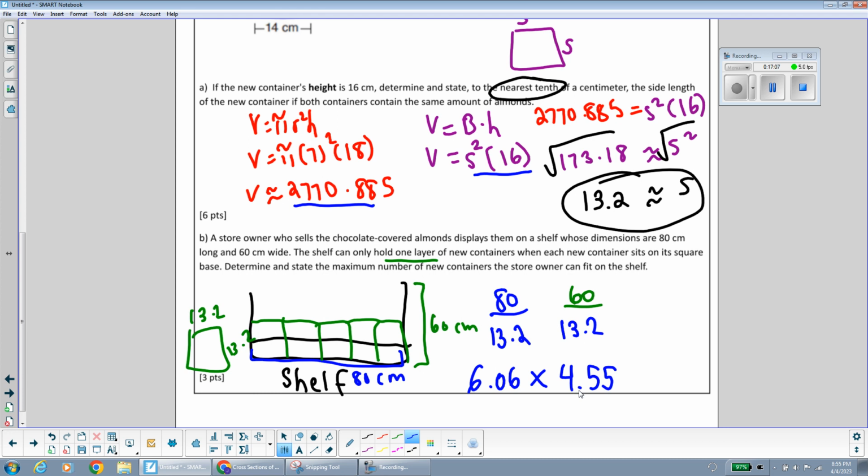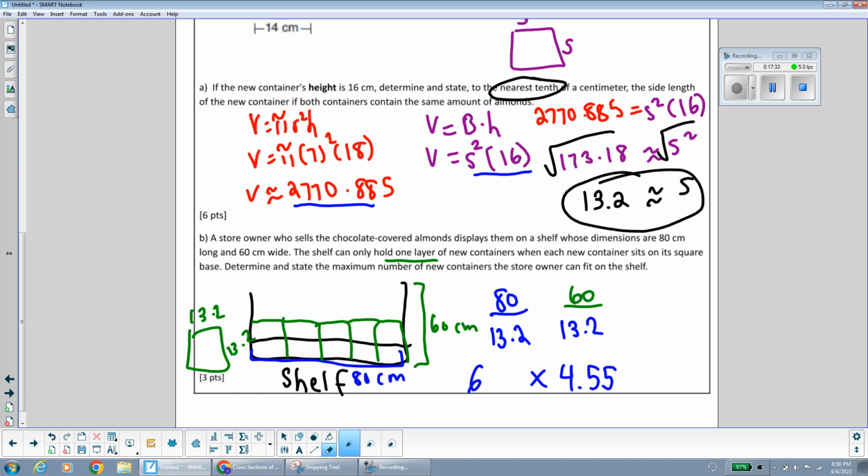Oh, and before I multiply them, it's the maximum number, so we can't have parts of a container. I'm just going to write this one as 6, because we can't have 0.06 of a container. 6 is the maximum number of containers. We don't have 7, we have 6.